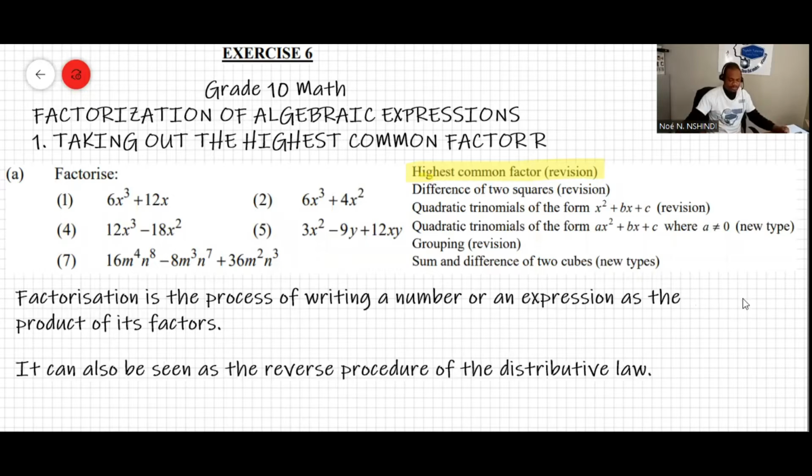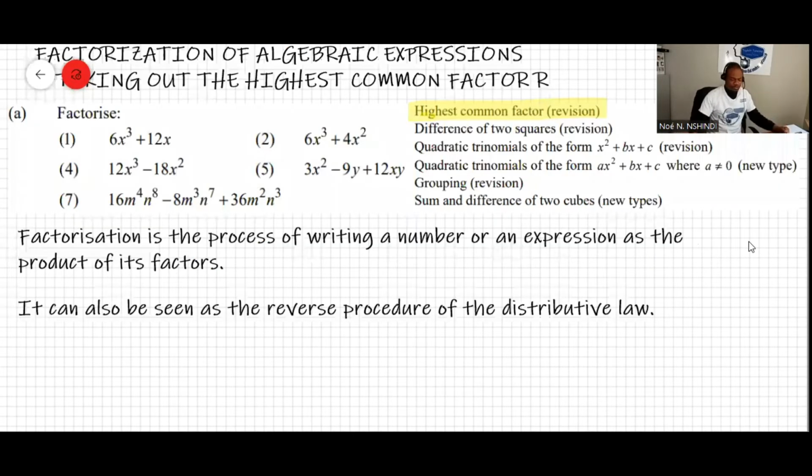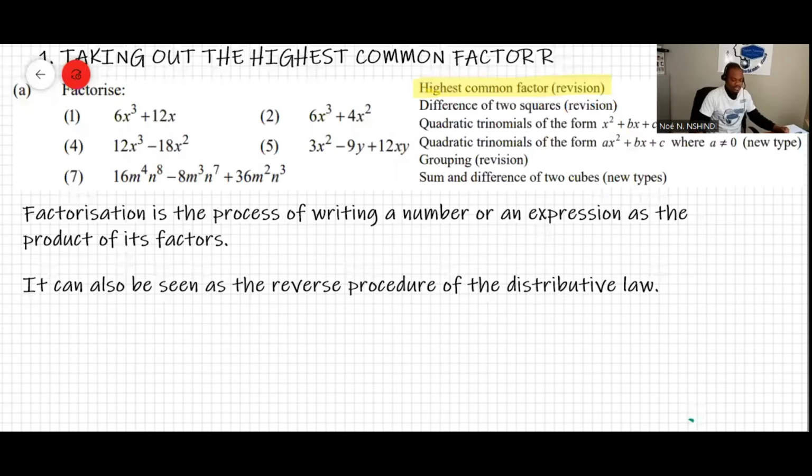Let me give an example. The distributive law says that if you have A, open bracket, B plus C, the process was to do A times B and then A times C, and this is equal to AB plus AC.